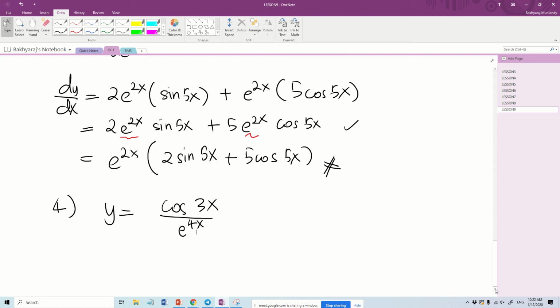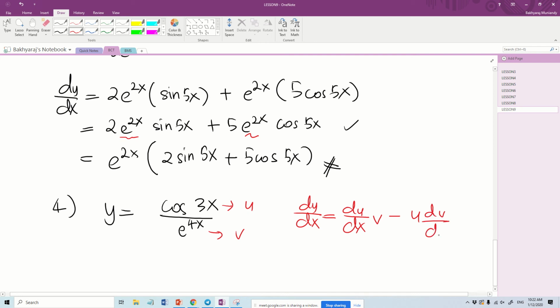Kena dapat quotient rule. What is the quotient rule? Look back to your formula list. So you must have u. This is your u, this is your v, and dy dx will be equal to du dx times v minus u dv dx, over v square. Okay, this is the quotient rule.